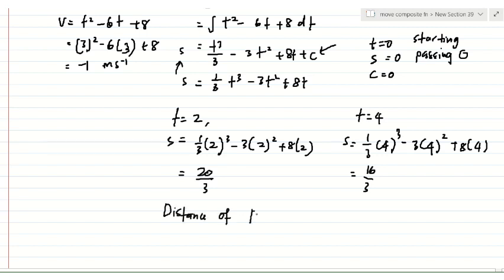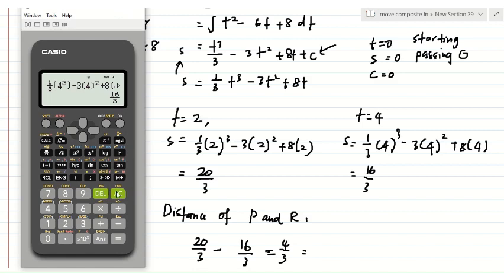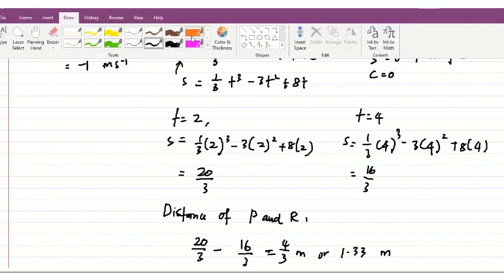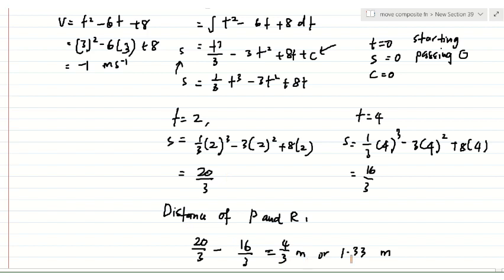Distance of P and R, okay, it is 20 over 3 minus 16 over 3, it is 4 over 3 meter, or in decimal, 4 divided by 3, it is 1.33 meter. So this is the answer for question B.